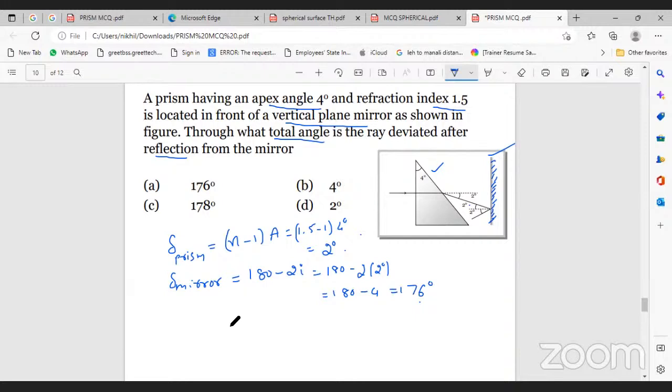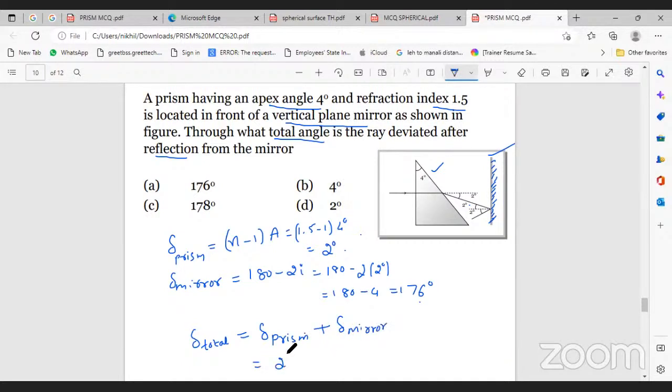Now you have to find the total deviation, right? Total deviation is nothing but the deviation due to the prism plus the deviation due to the mirror.